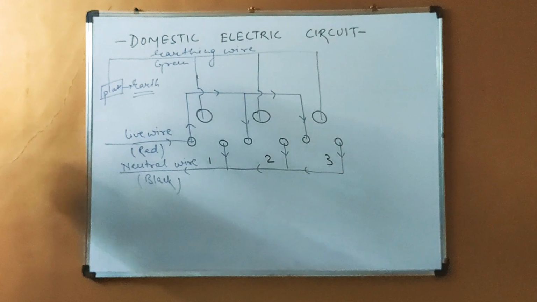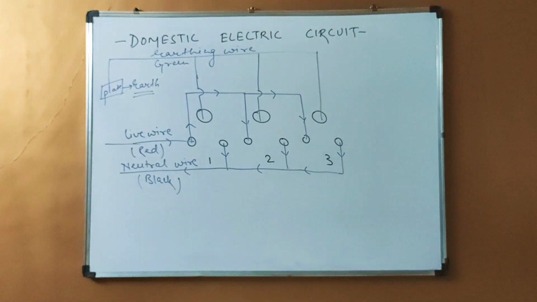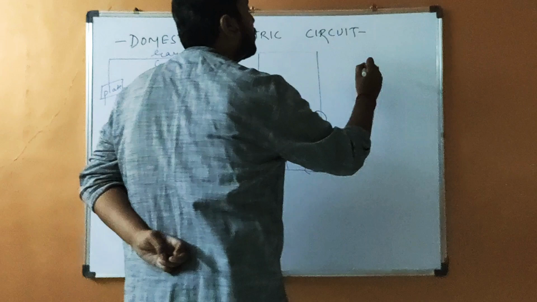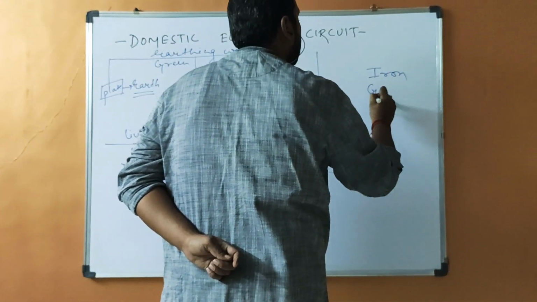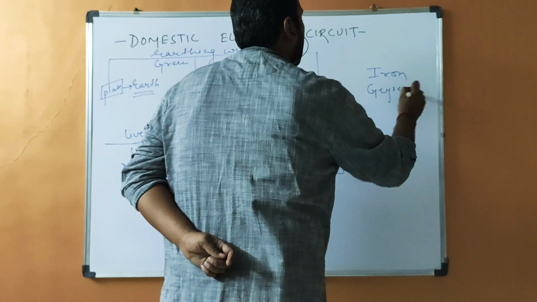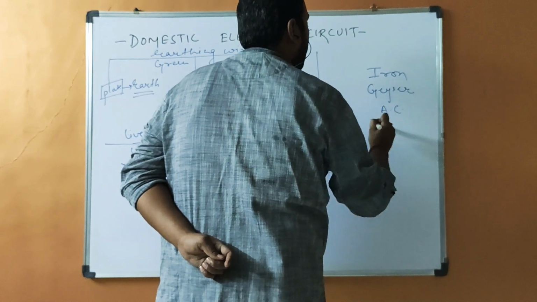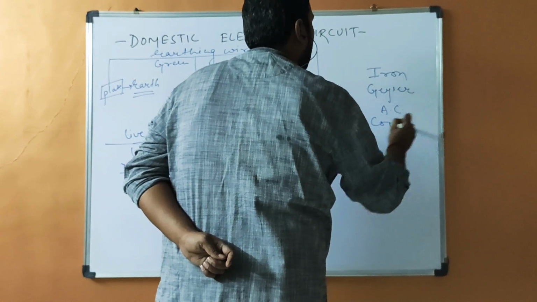What is the function of an earthing wire? Just listen to me. What will happen if somehow the live wire touches a metallic appliance? We use many metallic appliances in our homes: electric iron, electric geyser, AC, cooler, laptop.